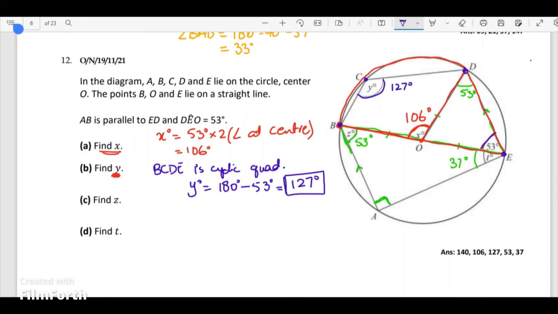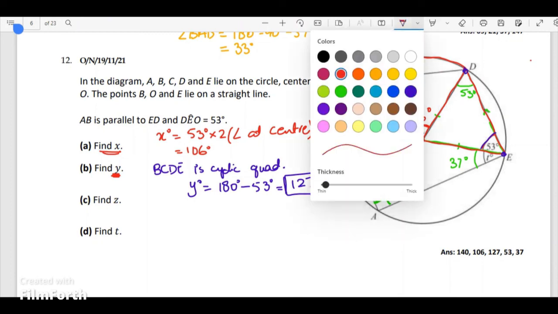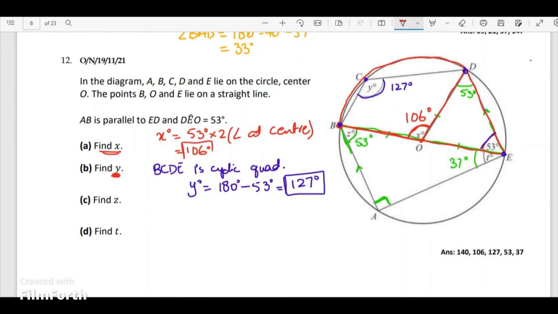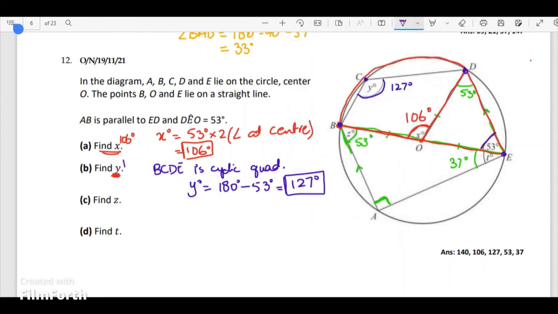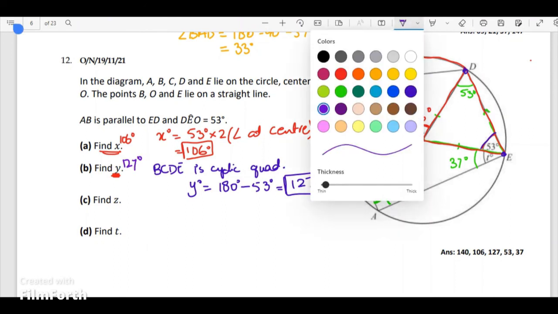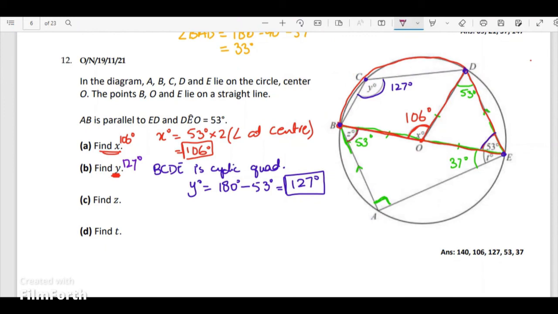Okay, let's write this down, 127 degrees. Now the Z angle is what we have to figure out. The Z angle right here, we already have worked out.